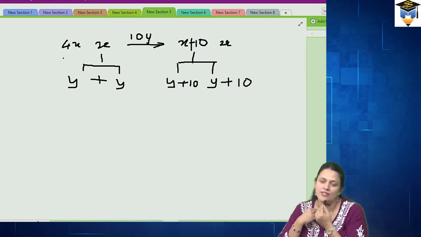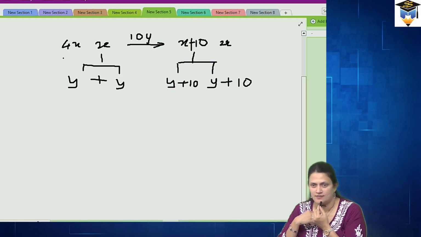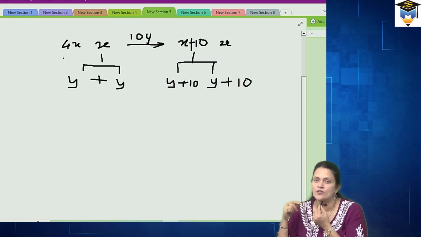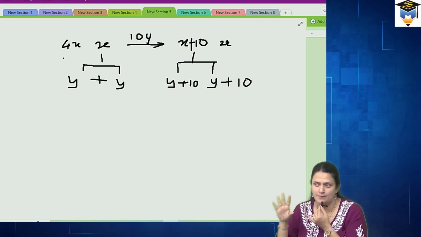Take 56 on your calculator. 56 divided by 4, do it. I'll explain it to you again. 56 divided by 4, 14.